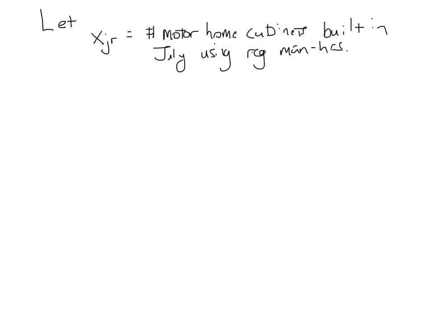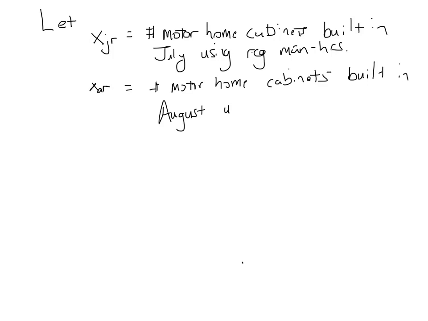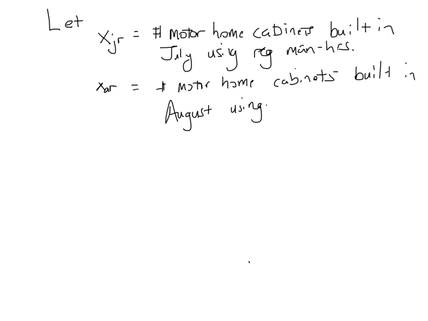So then you should understand that we're going to have x_AR, and that would be the number of motorhome cabinets built in August using regular time, regular labor hours.